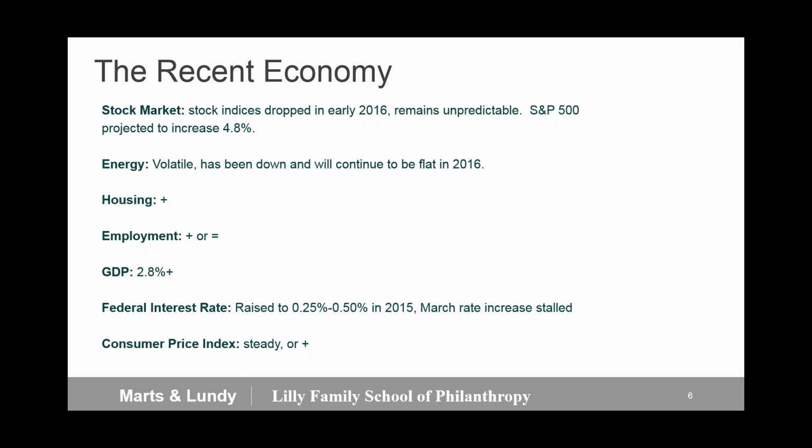So the economic picture does seem to be mixed, but based on many of the forecasts out there, the U.S. economy continues to be poised for growth in 2016 and 2017, notwithstanding the uncertain global economy and the volatility of commodity prices, specifically oil.